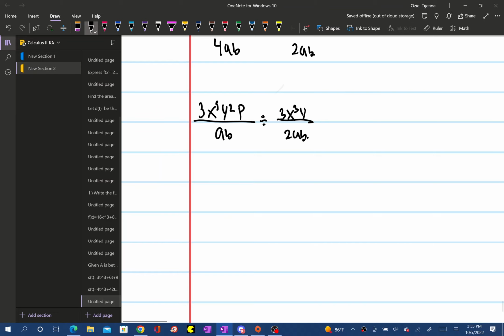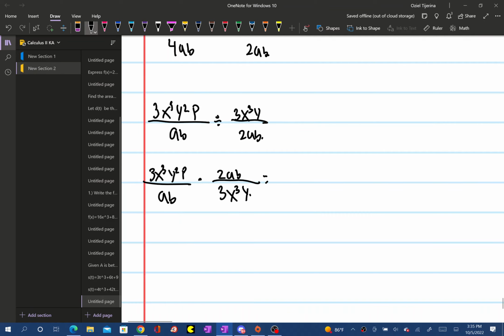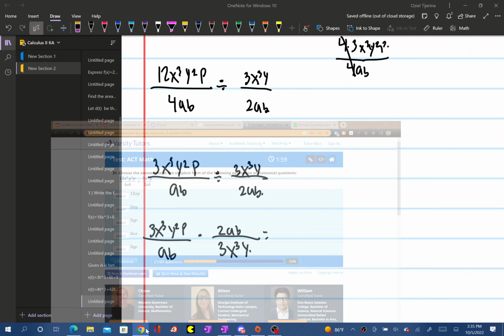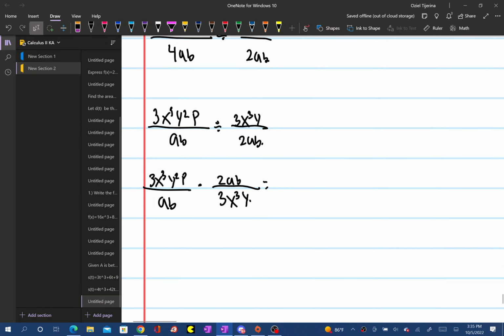So we can say 3x cubed y squared p over ab times 2ab over 3x cubed y. It was 3x cubed y, yes.